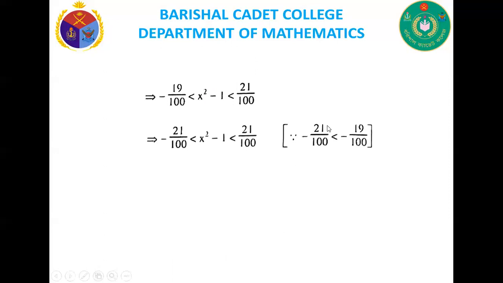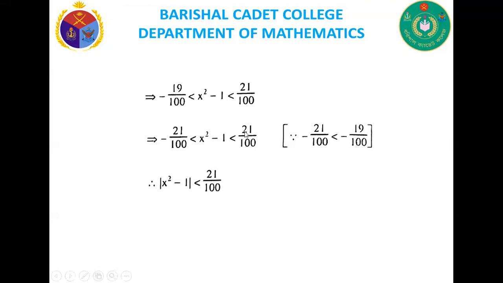Now cadets, you see minus 21 divided by 100 is less than minus 19 divided by 100. Let this one be A, this one B, and this one C. If A is less than B and B is less than C, then A must be less than C. Applying that, we get minus 21 divided by 100 less than x square minus 1 less than 21 divided by 100.